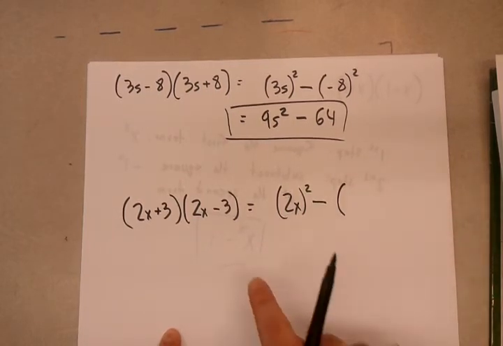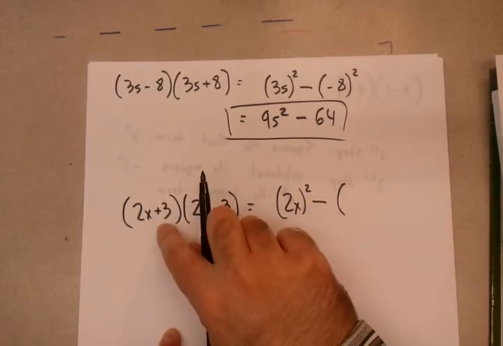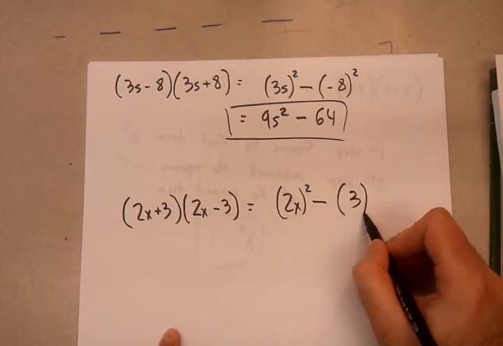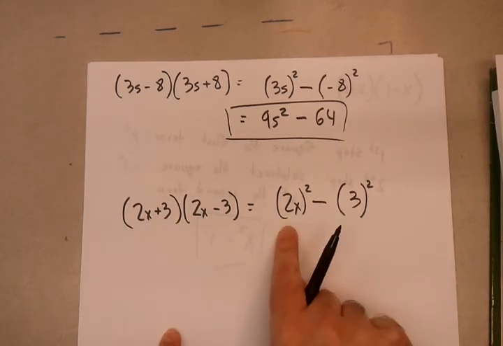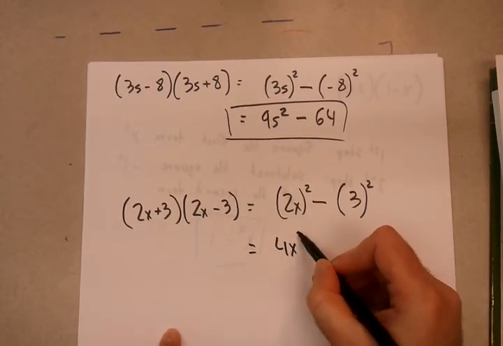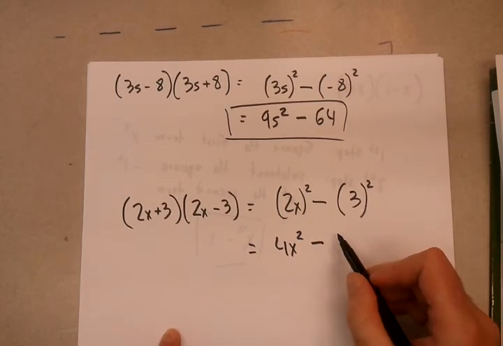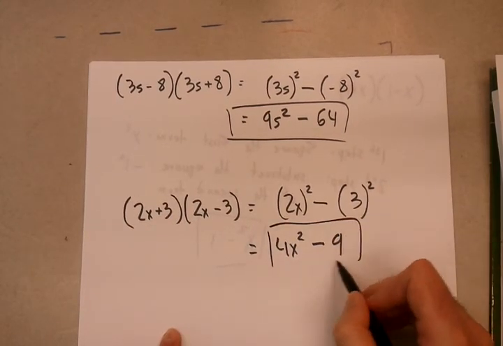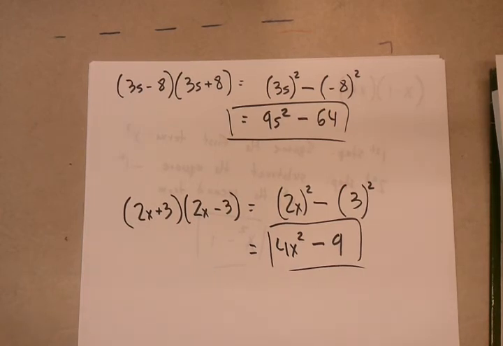It doesn't matter which one you use. You can use this one, you can use this one. Let's say I use this one here. So square the first term, subtract the square of the second term, which is 4x squared minus 3 squared, which is 9. Done. No foiling, no table method, super simple.